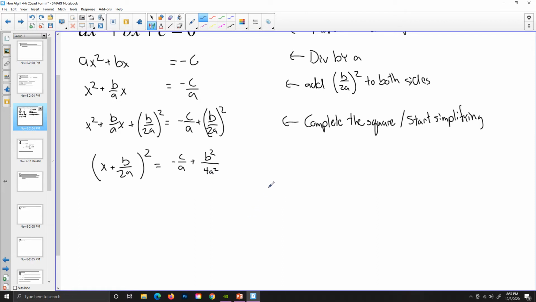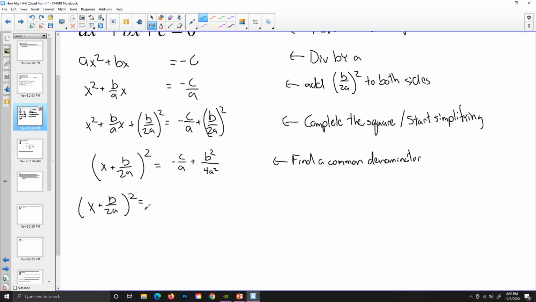All right, so I need to find a common denominator. I already have an a over there, but I need it to be 4a squared. So we will leave this expression alone. It'll be x plus b over 2a quantity squared.